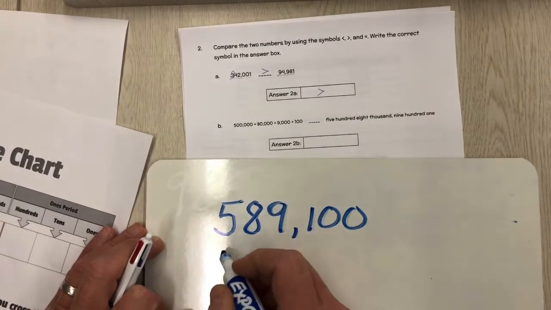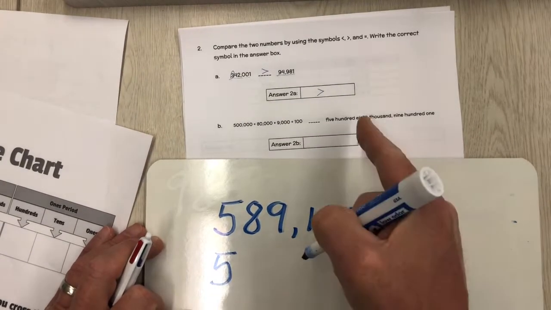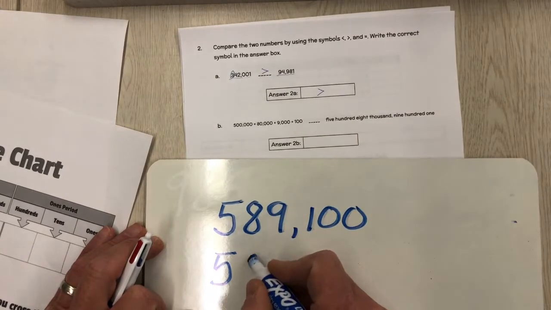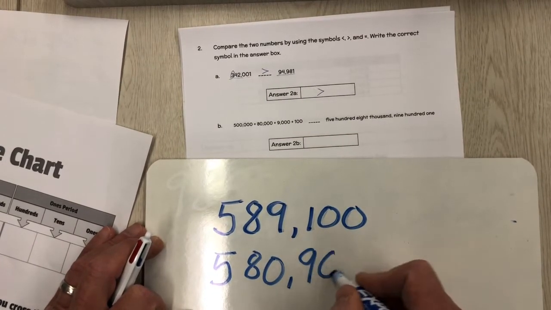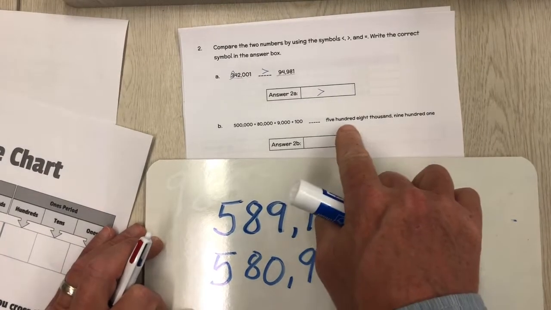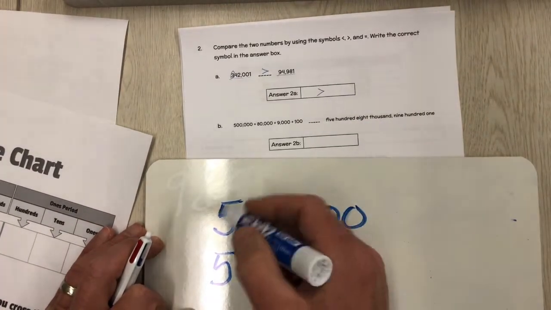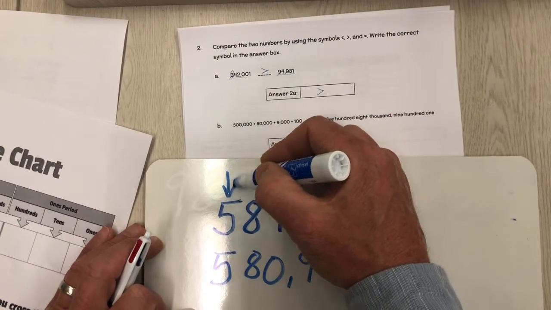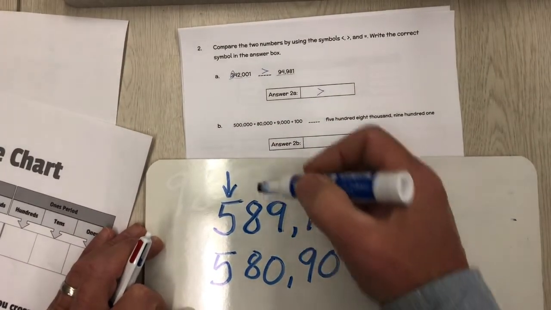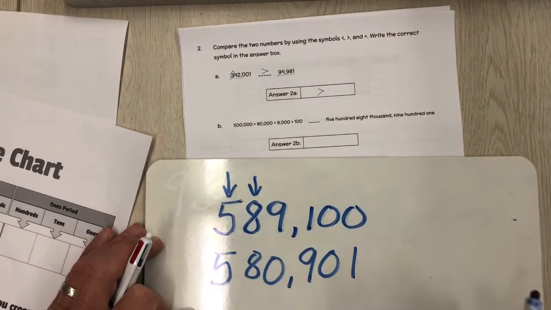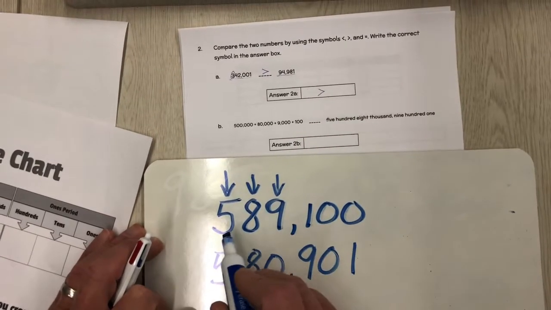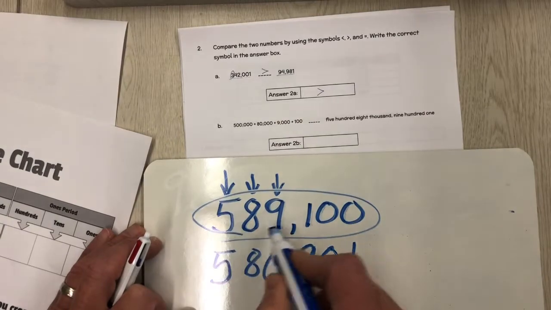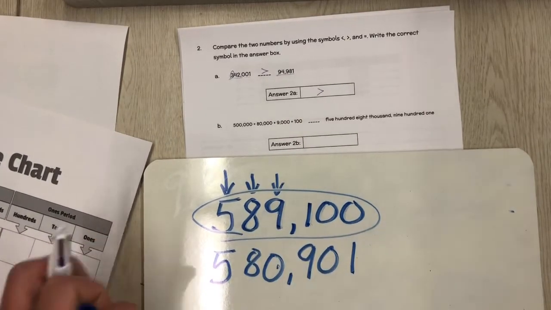And this is 580,901. 589,501. So now I can look at my place values. 5 and 5, same. 8 and 8, same. 9 and 0. Oh, we found it. I wrote this number down, so this number is the biggest.